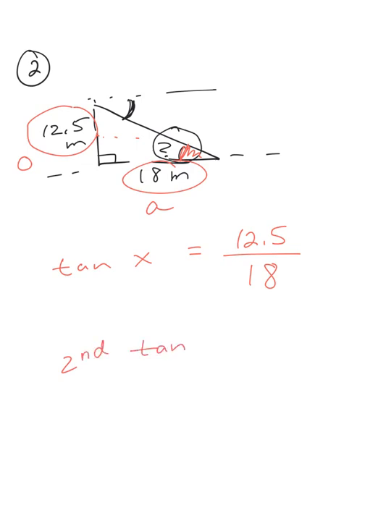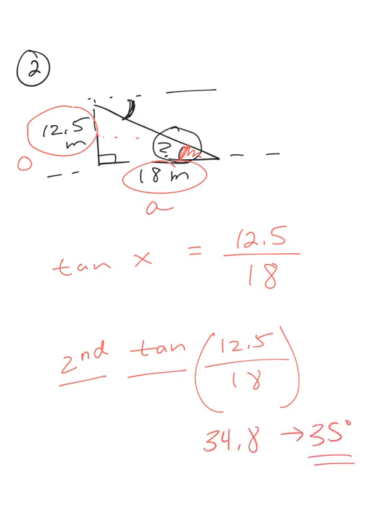Don't you do second tan to find an angle? Yeah. And then the ratio. So you hit second tan, and then you do 12.5 divided by 18. 34.8. So 34.8 to the nearest degree, you would get 35 degrees.